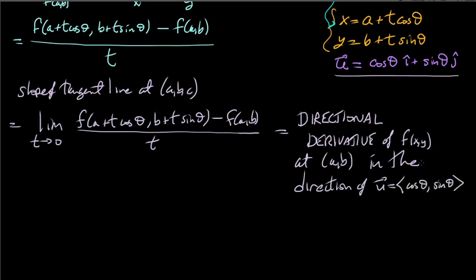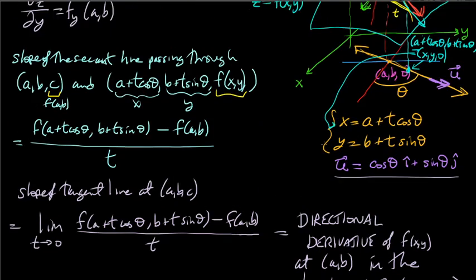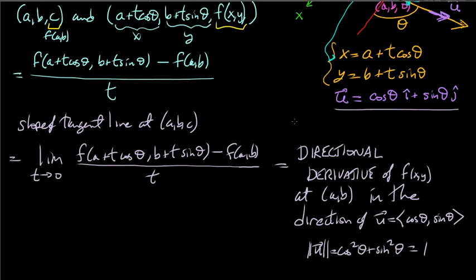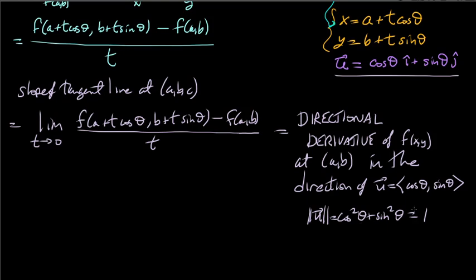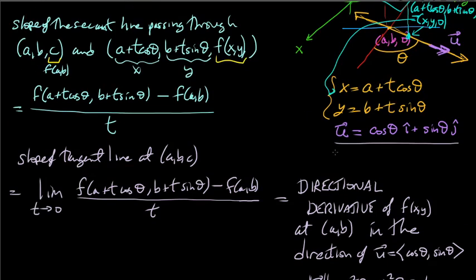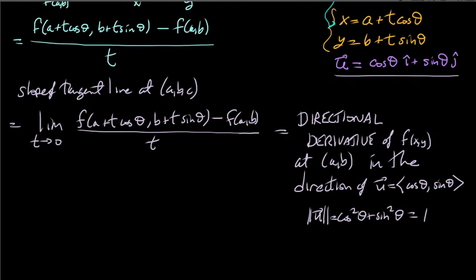And that's what makes it a unit vector: the usual cosine squared plus sine squared equals 1. So that's the norm of the vector u. Remember that? So that picks out a direction, either the theta or the unit vector u. So there you go. This is the definition of the directional derivative.